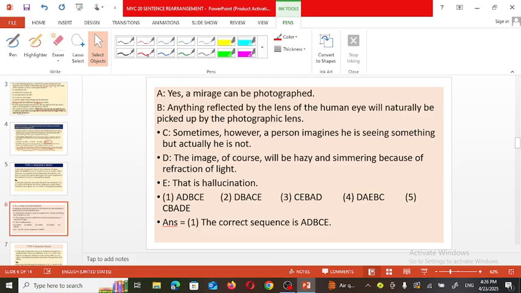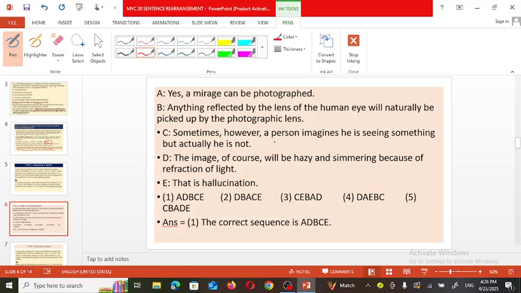Now let's see the sentences given in this example. A: Yes, a marriage can be photographed. B: Anything reflected by the lens of the human eye will naturally be picked up by the photographic lens.